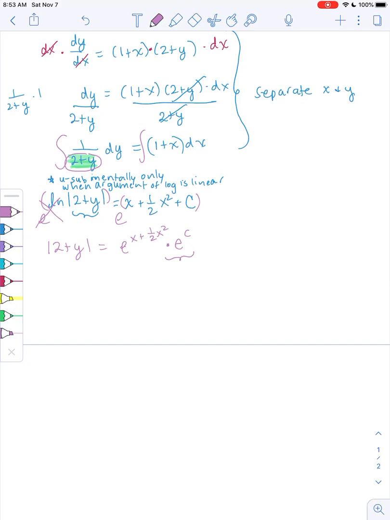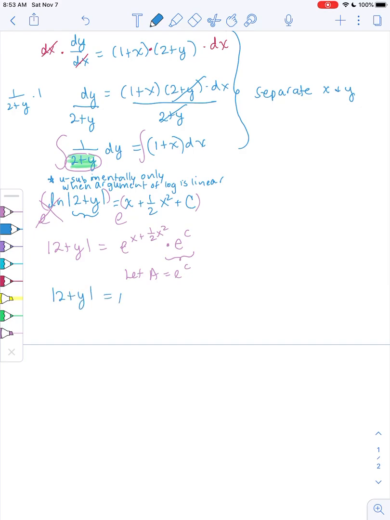Okay, so the e to the c, oftentimes with exponential equations, is called your initial condition, or what we call a. Okay, so we're going to redefine e to the c as a. So let a be equal to e to the c.